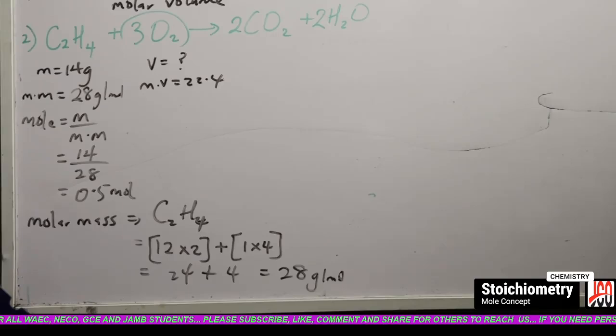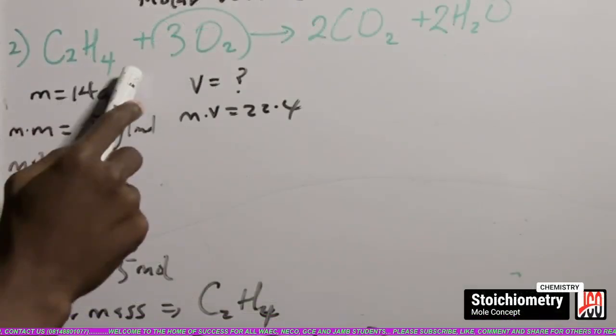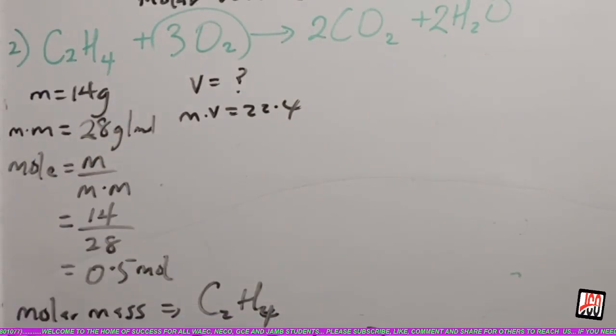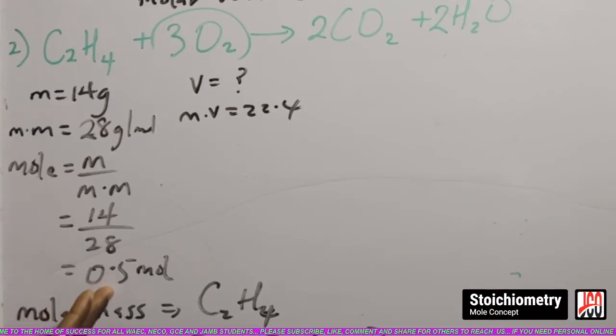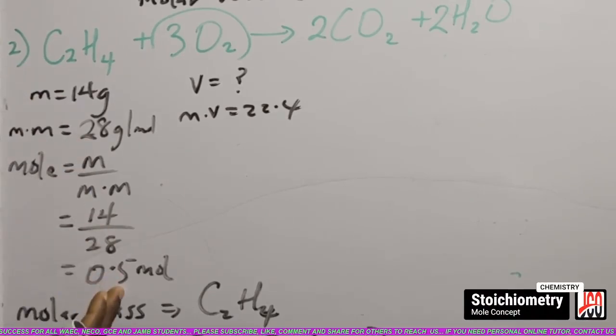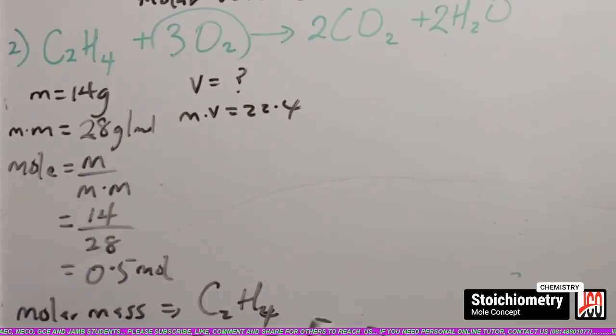But you notice that for the C2H4, it's only one molecule of this that is reacting with 3 molecules of oxygen. So we need to get the mole ratio. If one molecule is 0.5 mole, then what will be 3 molecules of this oxygen?